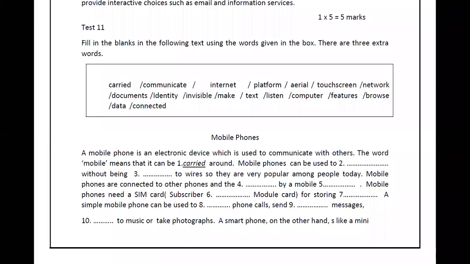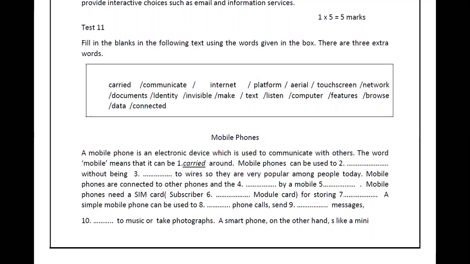Touch screen, you know it very well. Network, you know about the network. Documents, identity, invisible, you can't see it. Make, text, listen, computer, features are the attributes. The things your phone can do are the features of your phone. Browse, you know, are browsing, you know how to browse. Data, connected. So these are the 13 words.